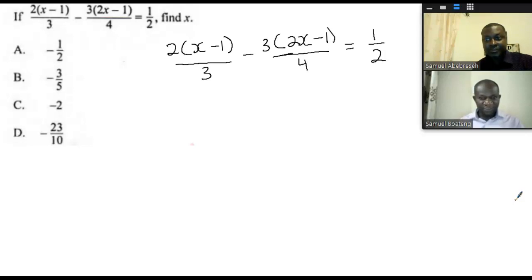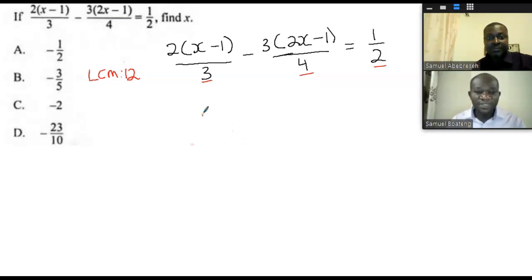As we have been doing, if you have a fraction, the best thing to do is to remove the fraction. How do you remove the fraction? You find the LCM of the denominators. So we need to find the LCM of 3, 4, 2, and the LCM is 12.